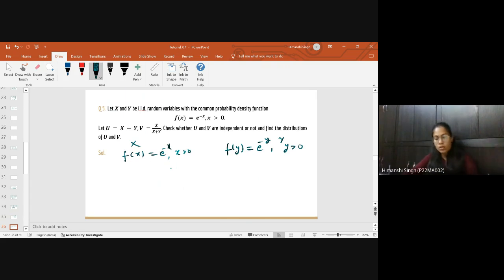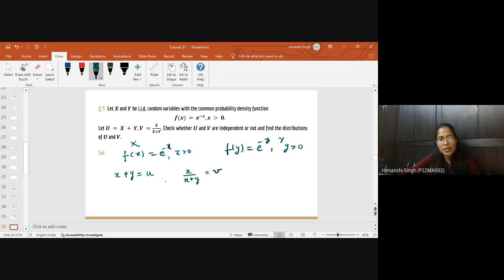Since u is equal to x plus y and v is equal to x upon x plus y, both are continuous transformations of x and y. So we can consider that theorem which we have discussed. We'll find out the inverse. Let x plus y be equal to u, and I will find x and y in terms of u and v, with x upon x plus y equal to v.